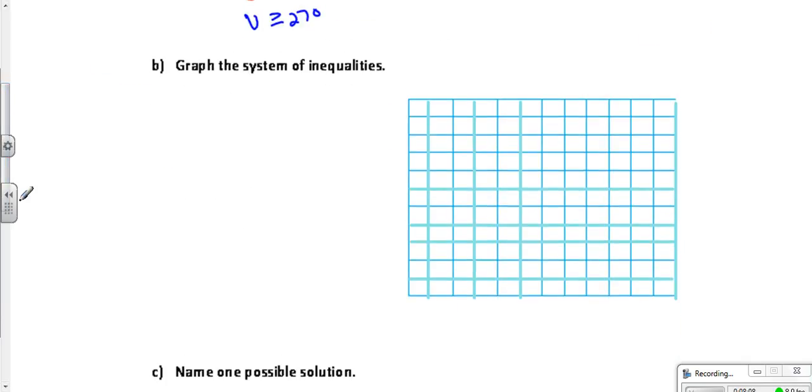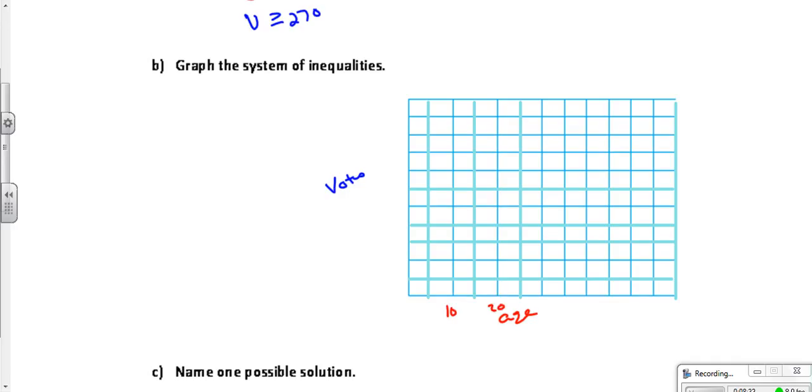Now we have to graph this, and I'm going to put age below and votes on the top. For age, I'm going to go to the right by 5s, but I'm only going to write something down every 10.